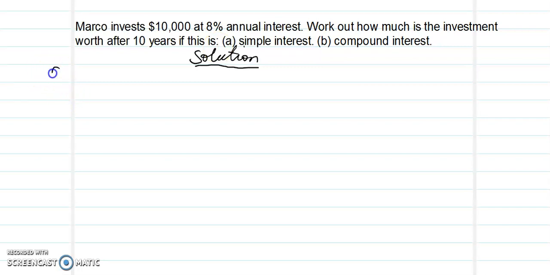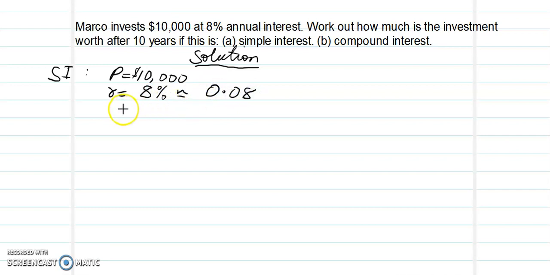Now for the simple interest, we note that the initial value, P, is $10,000, our rate is 8%, which is 0.08, and the number of years, N or T in simple interest, is 10 years.